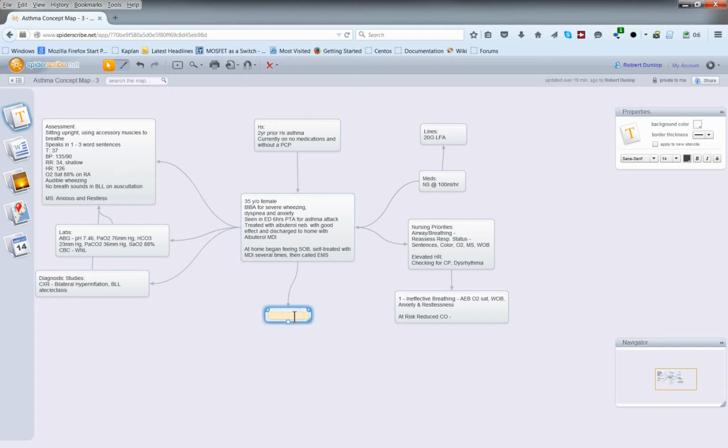So let's talk about patho, at least at a simplistic level. If I could actually type. All right. So what's the pathophysiology of asthma? It's an inflammatory response.